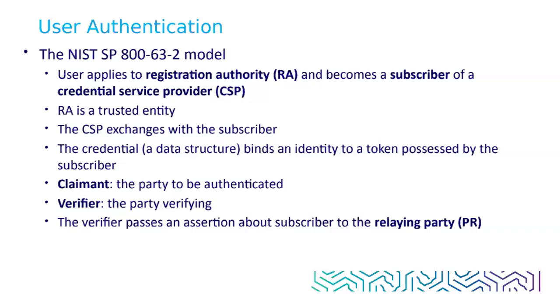Before the user can log in, their identity must first be verified. This is the job of the registration authority, RA, which will carefully check the user's identity before allowing them to register.